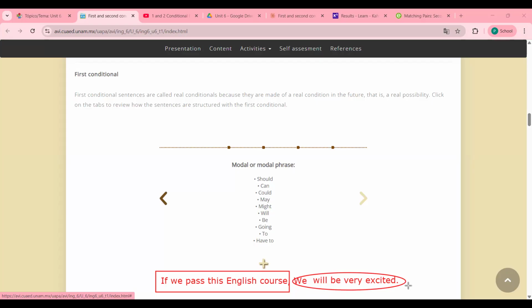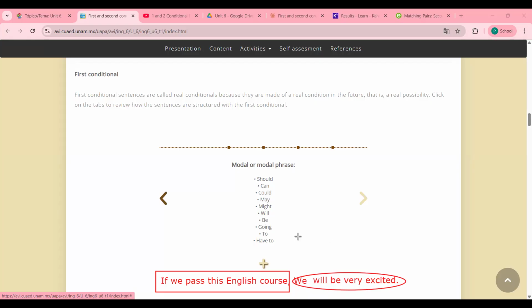It's a possibility, no? So good grade, happy. Or maybe you will celebrate something special. That's a possibility.